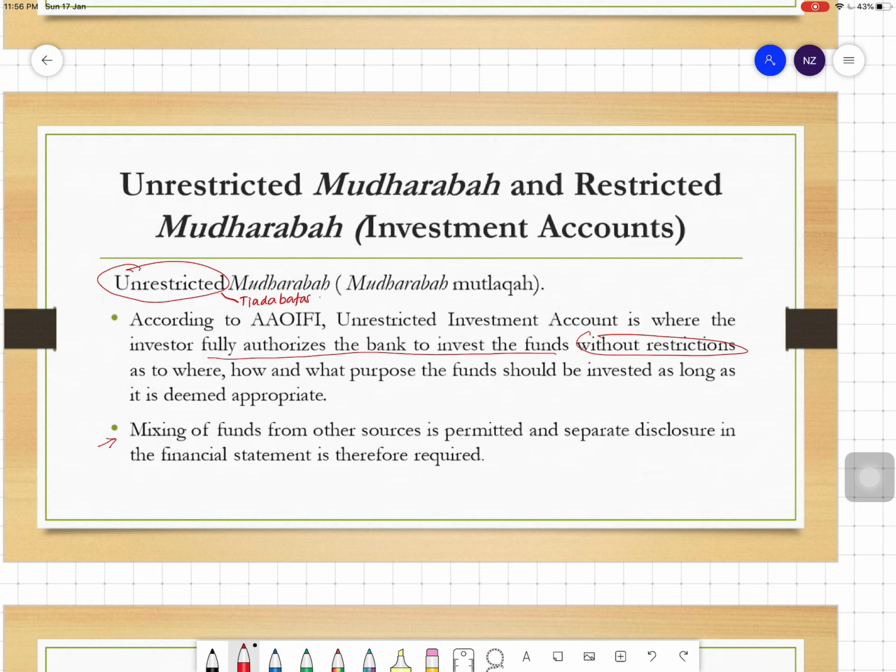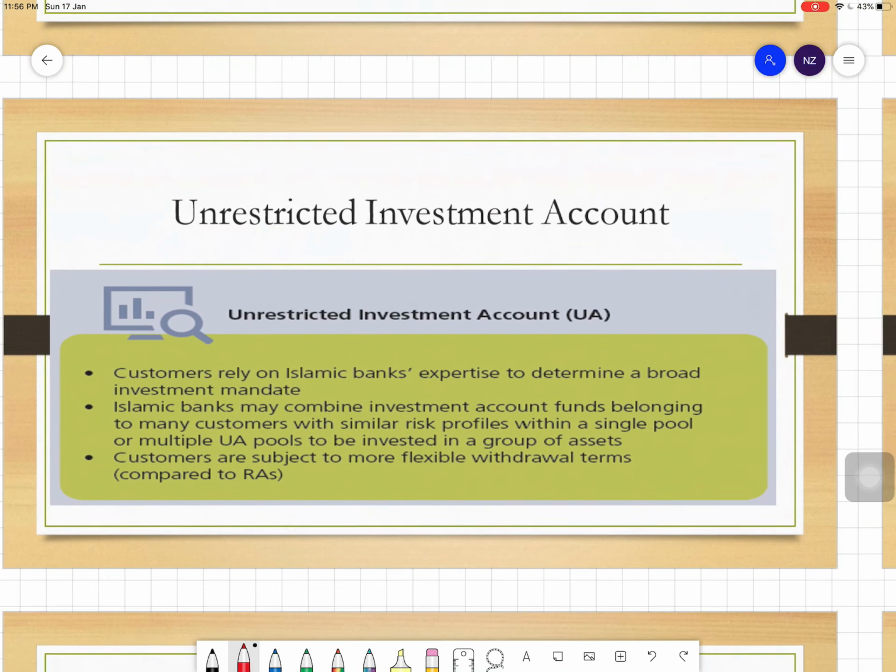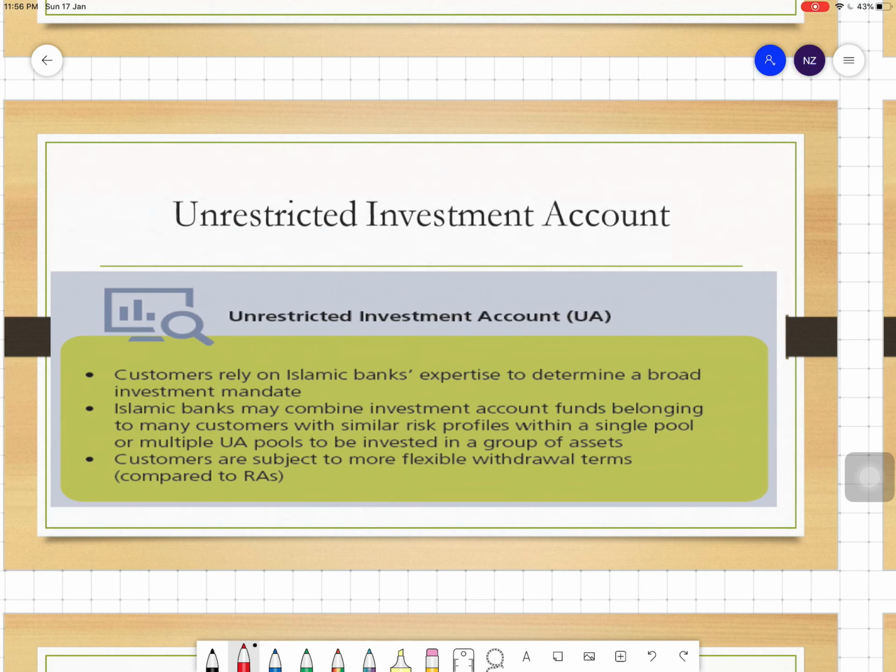So dia kena separate the disclosure in the financial statement, and also fund from other sources are permitted. So kena ada fund from the other sources tu lah, and kena separate the disclosure. That one is unrestricted mudharabah, and ni adalah macam dia punya scenario or situation to portray unrestricted investment account ni.